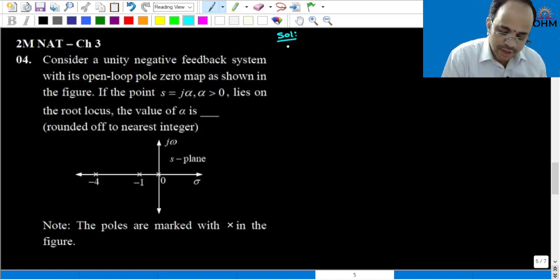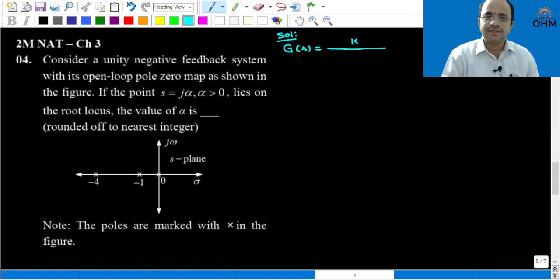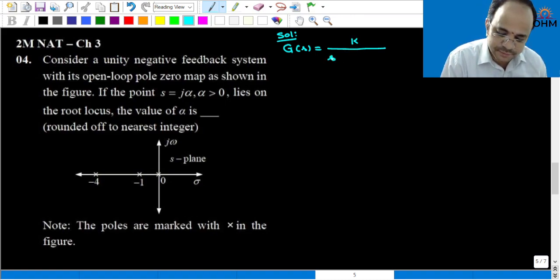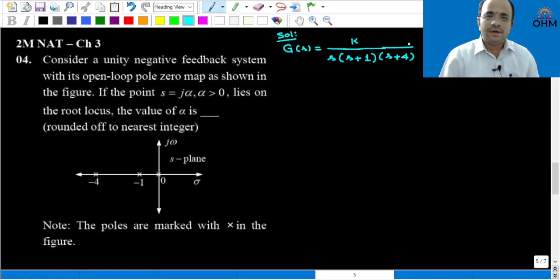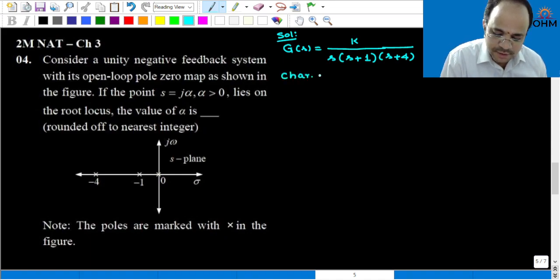Now from the given open loop plot, we can define the open loop transfer function as, because negative feedback system means open loop transfer function and forward transfer function both are same. Therefore it can be k by s into s plus 1 into s plus 4. This is the open loop transfer function. Next, what is the characteristic equation?